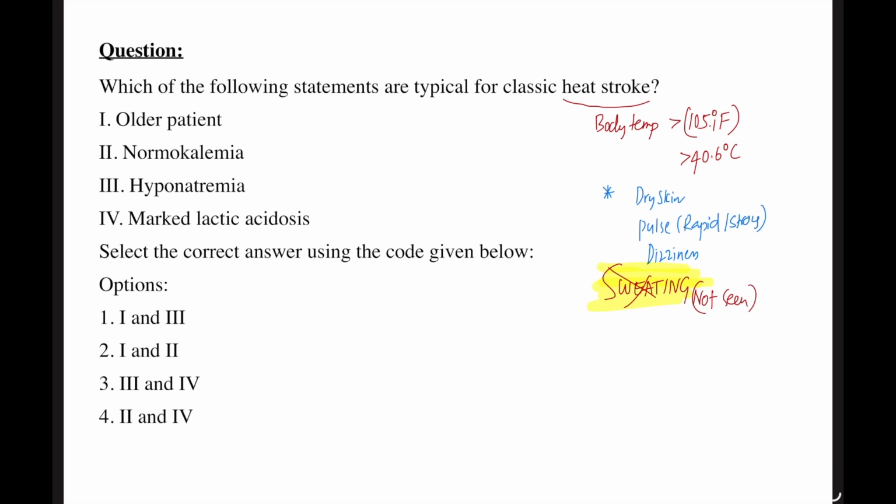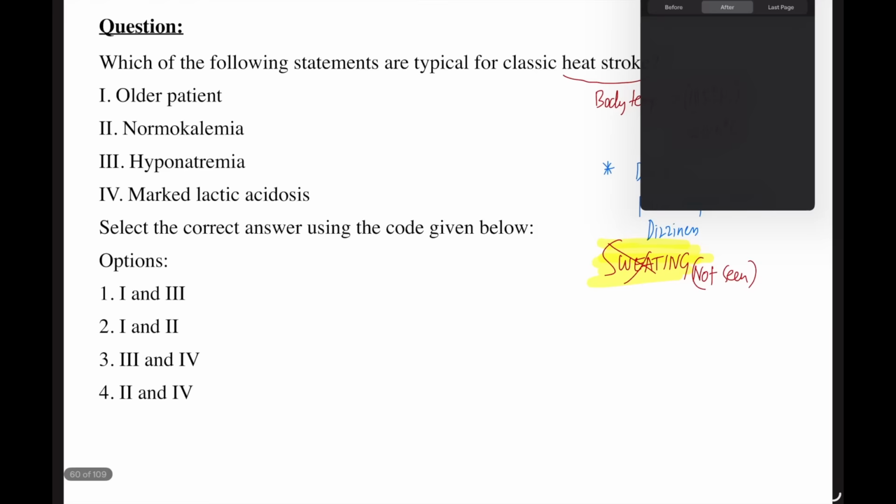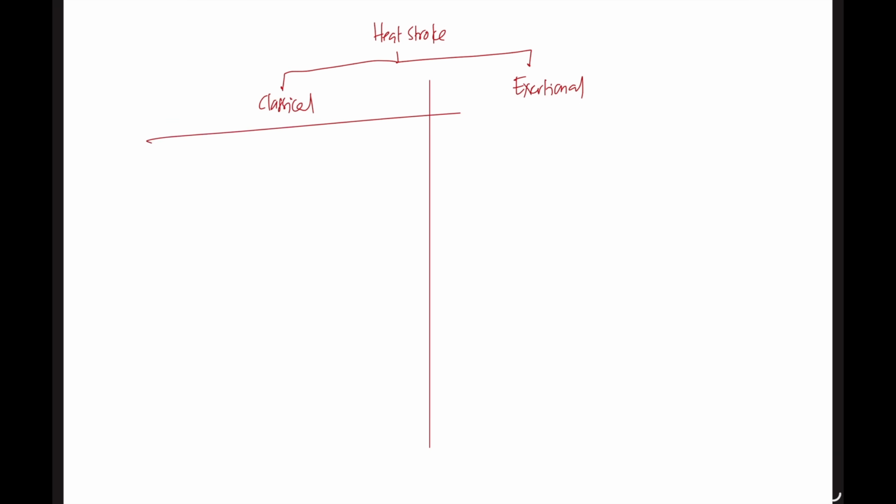Now within heat stroke, there are two types that you need to know. What are the two types of heat stroke? Heat stroke can be classical heat stroke, or it can be exertional heat stroke. That means if there is a younger patient, or if there is an older patient.